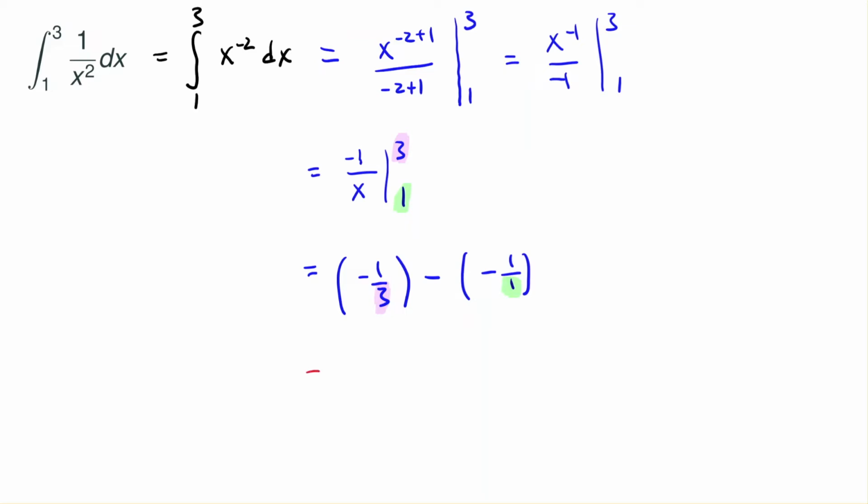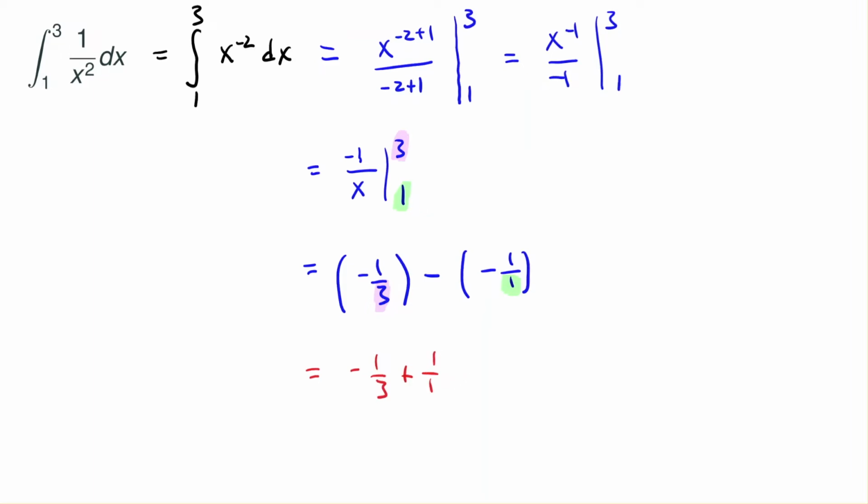So what this gives us is negative 1 over 3 plus 1 over 1. We need a common denominator, so I'm going to write 3 over 3, which gives us 2 over 3. So this is the final answer.